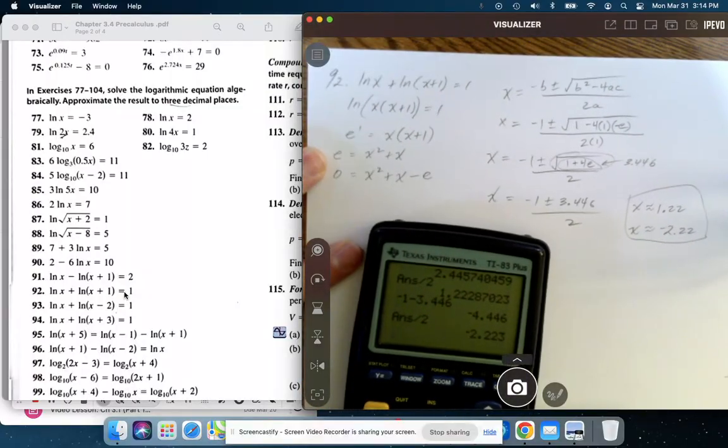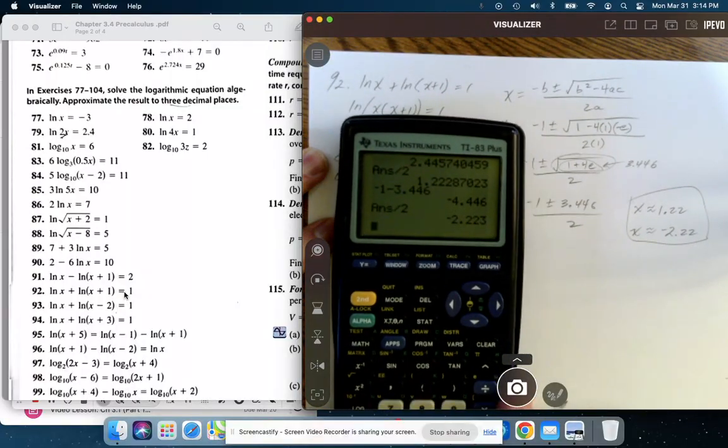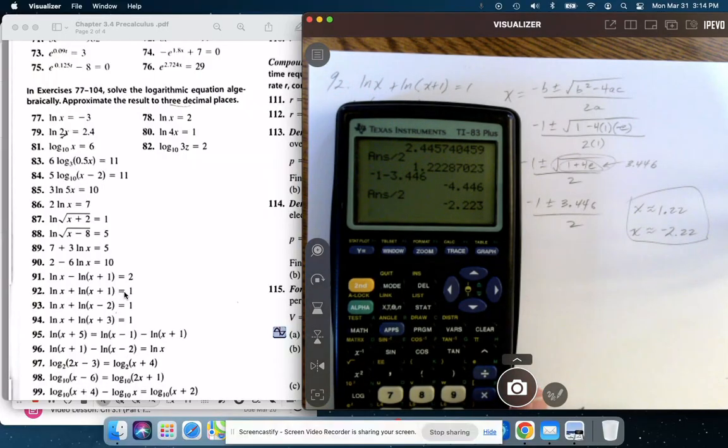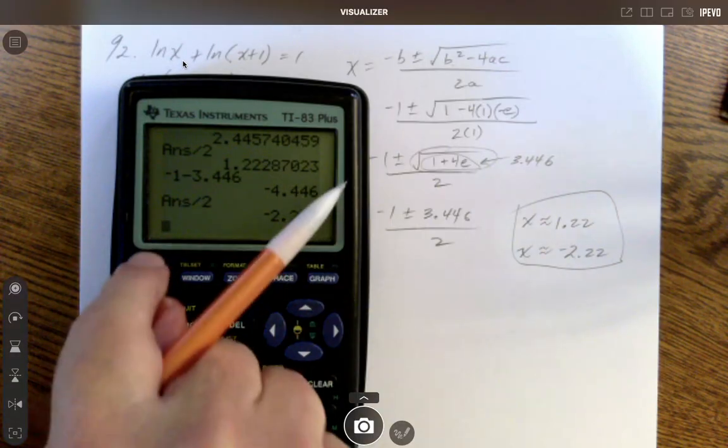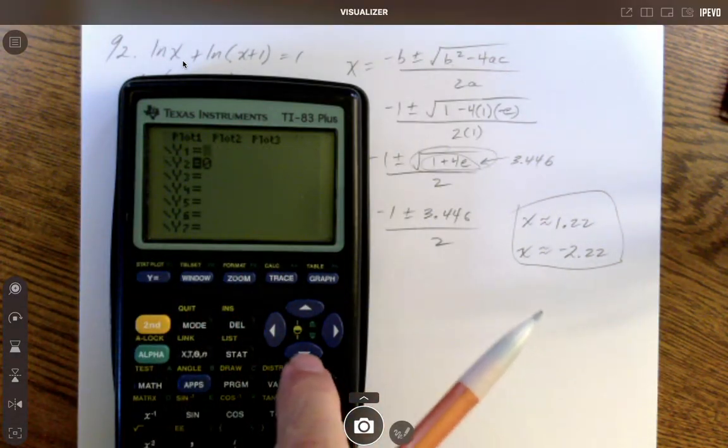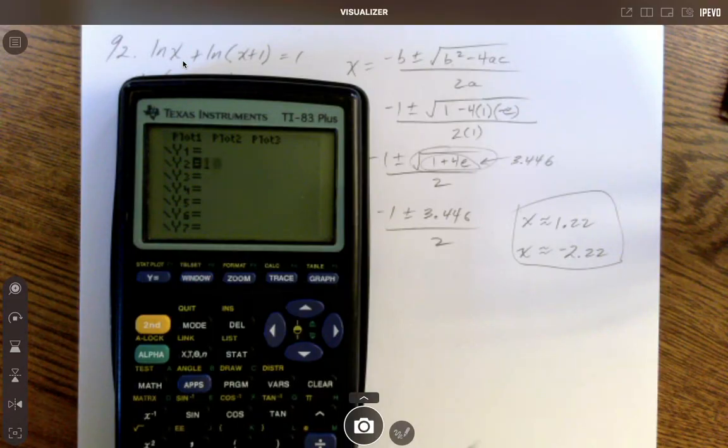Let's see if my calculator agrees with these answers. So I'm going to graph this equation, original equation. So y equals, this is going to be 1 down here because it's equal to 1, right?